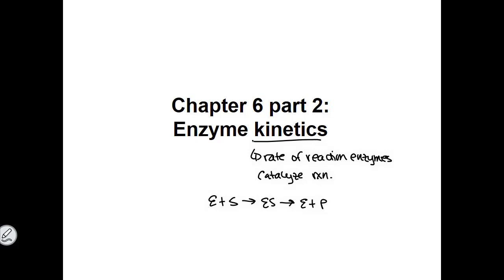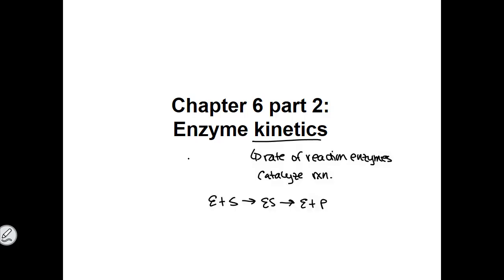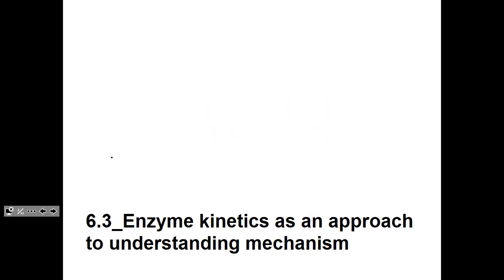So there's several different ways to study mechanism as biochemists. But first, what I want to say is that we will not be specifically covering chapter 6, part 3. But this particular section is investigating mechanism.